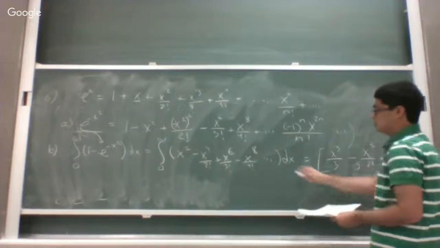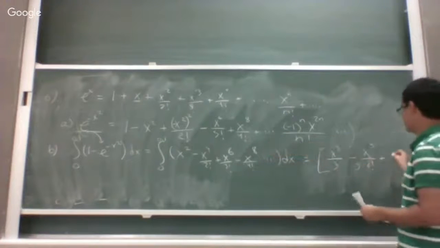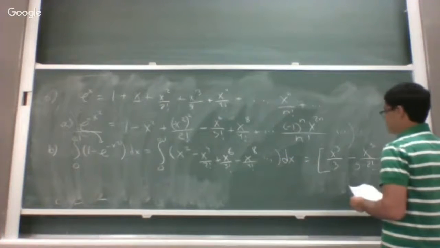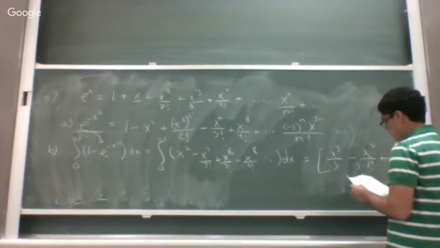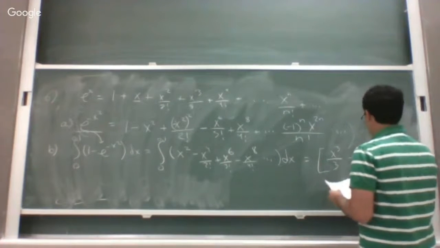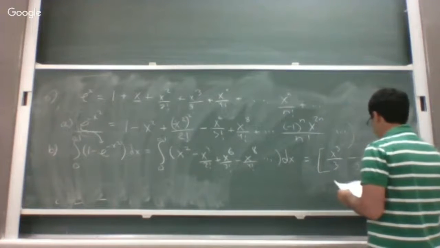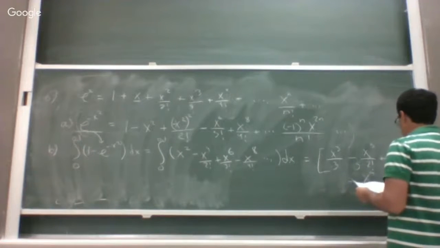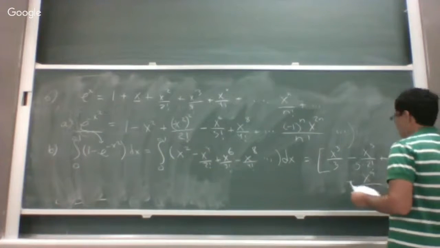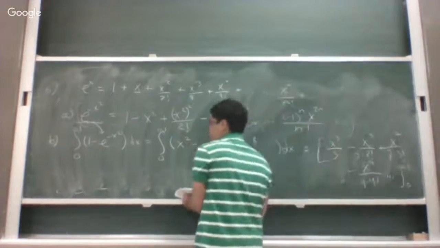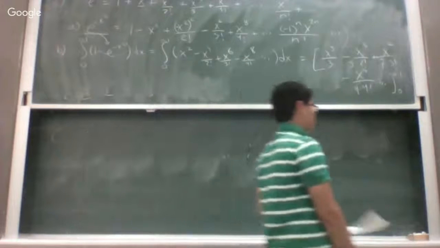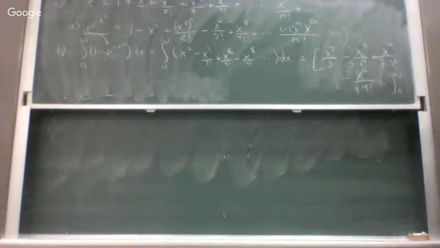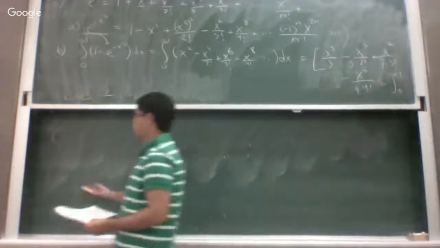Plus x to the 6th, the integral of that is x to the 7th divided by 7 times 3 factorial. And then we have minus x to the 9th divided by 9 times 4 factorial, dot dot dot, going from 0 to 0.1. Did that last part make sense?